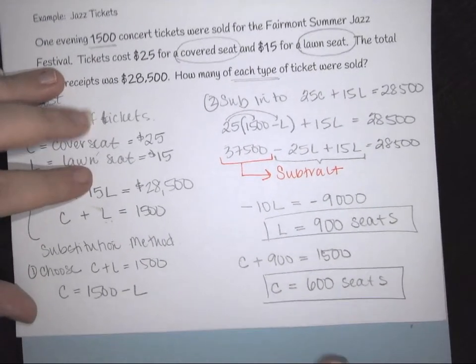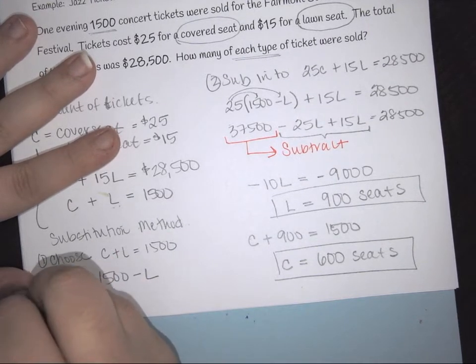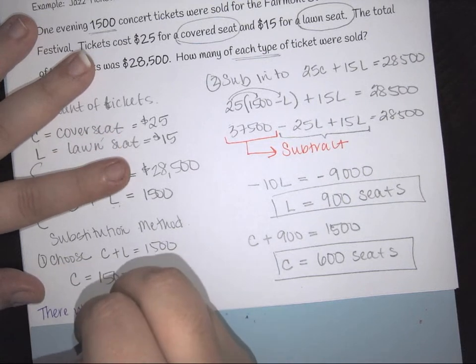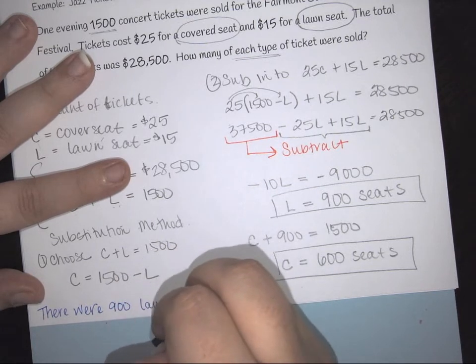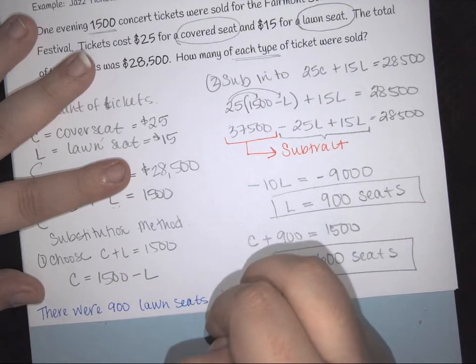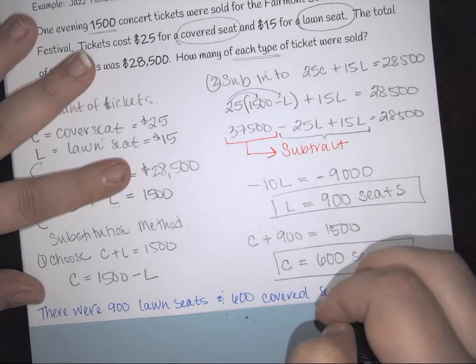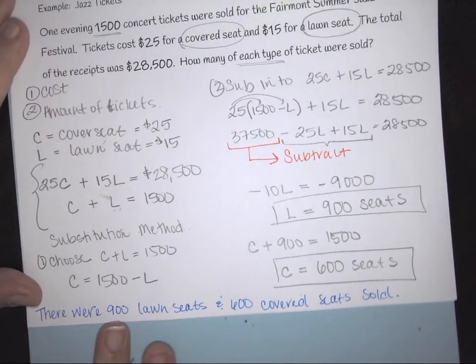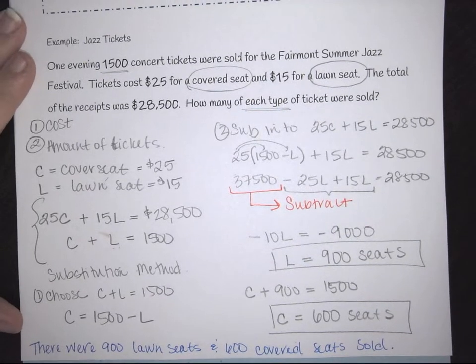Now, to make this complete, we have a sentence, and we have that there were 900 lawn seats and 600 covered seats sold. And there you go. That is using the substitution method in order to solve the system of equations for this problem.